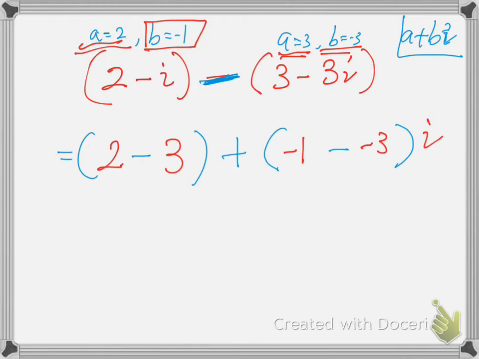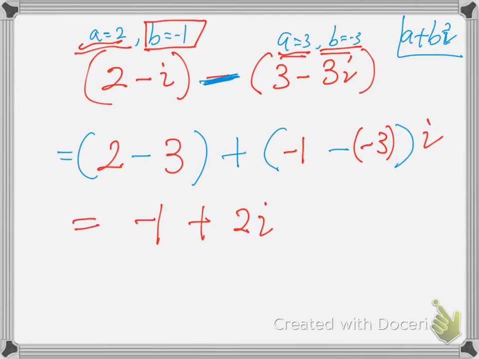So this is the idea of addition and subtraction of complex numbers: A part minus A part, B part minus B part. So now let's continue. We got 2 minus 3, -1, plus -1 minus -3. So turn to plus 3, so it's 2i.